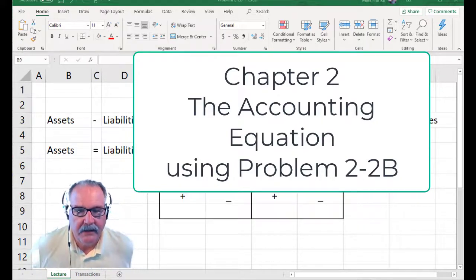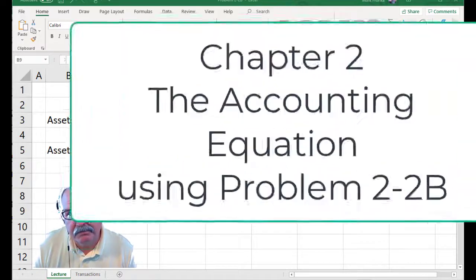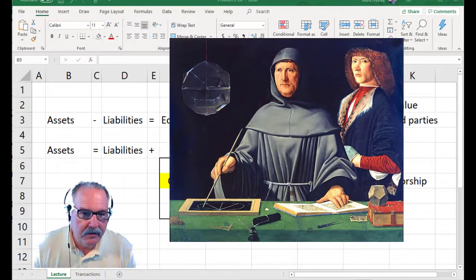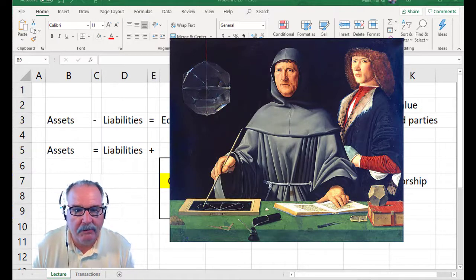So, let's get started. The accounting equation, as I have explained in my orientation, was developed by a man named Luca Pacioli back in the 15th century.